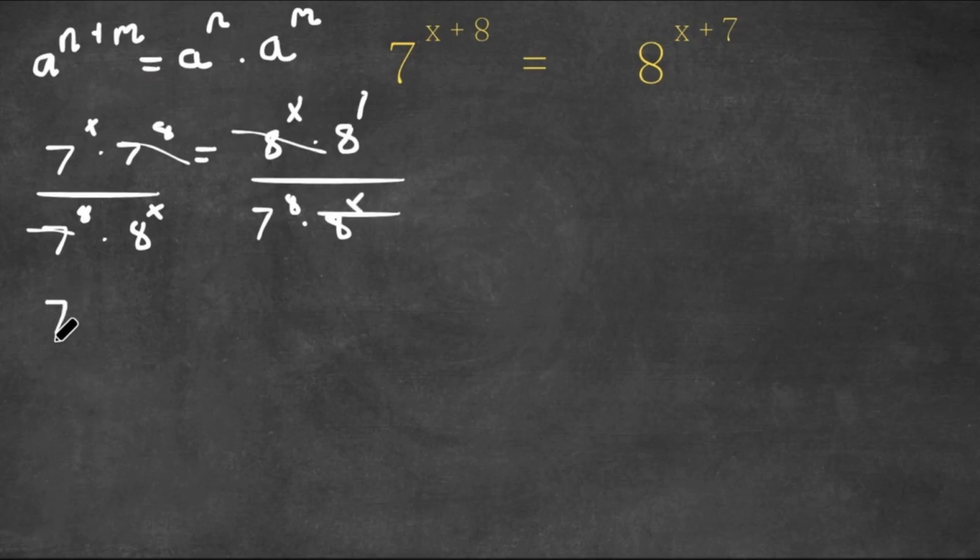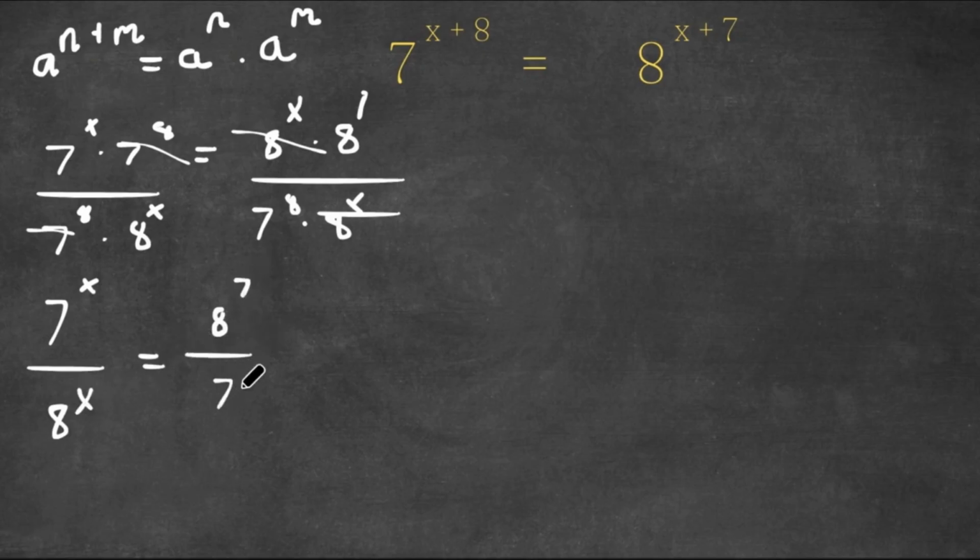So now we are left with 7 to the power of x over 8 to the power of x is equal to 8 to the power of 7 over 7 to the power of 8.